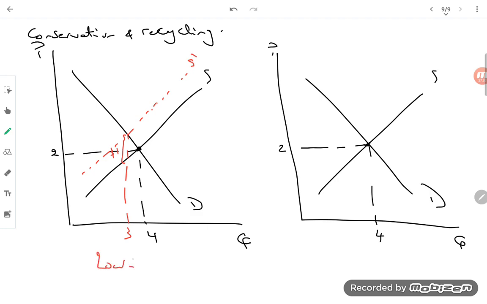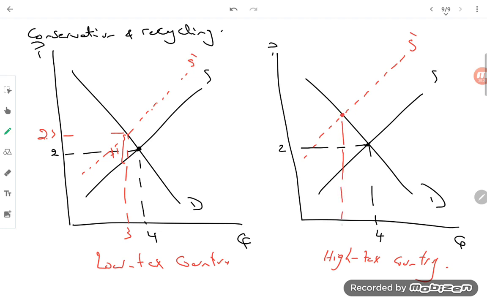This is the low tax country, and the equilibrium price is going to increase to 2.5. In another case, a high tax country, the government would like to impose $2 per unit. So this is the new supply curve, and this is the new equilibrium. This is $2, which is taxes.